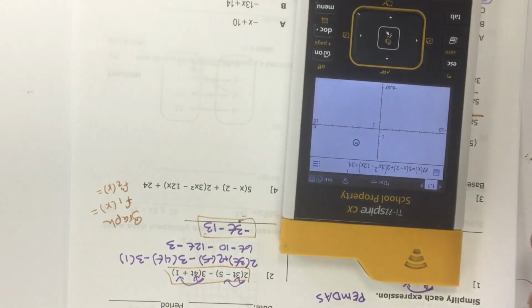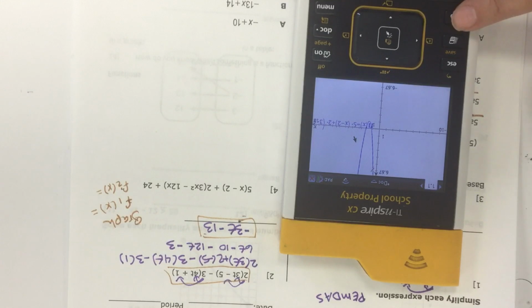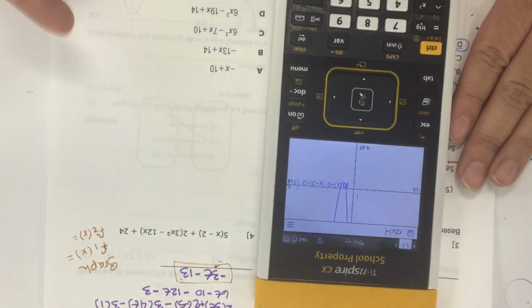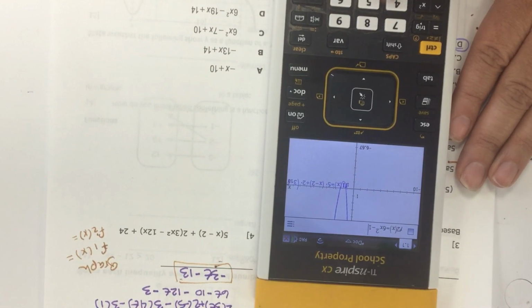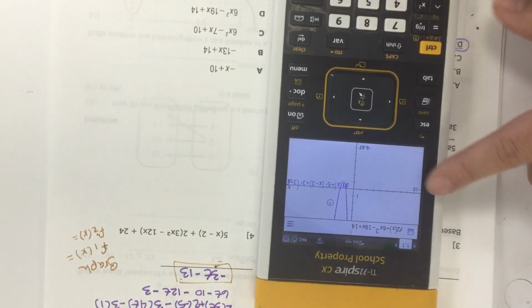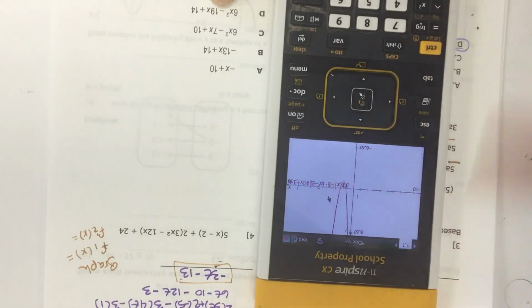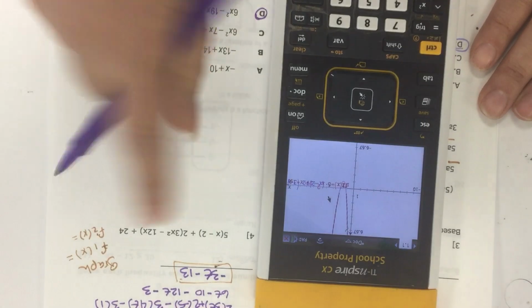So when I graph this, I'm going to get a picture, tab, and then I can type every answer choice. I'm going to skip to which one the answer actually is. So you can see, I typed in answer choice D, and you can see how they're overlapping, reinforcing D is the correct one. You would get the same answer if you distribute and combine like terms.